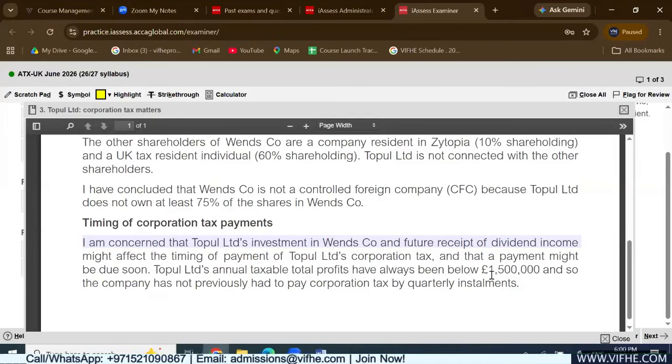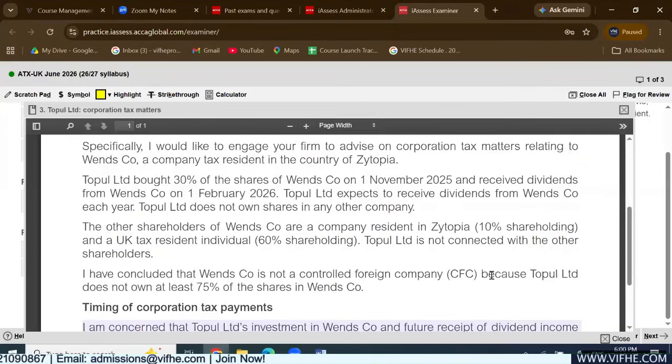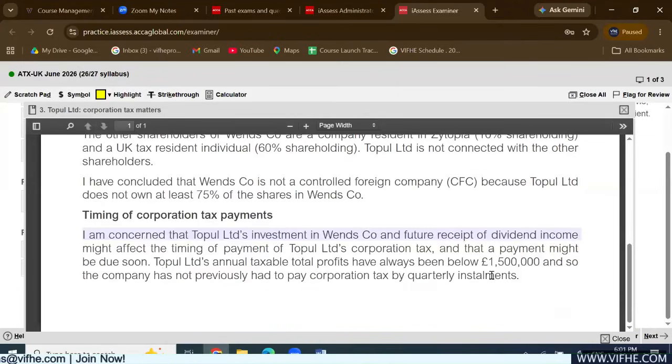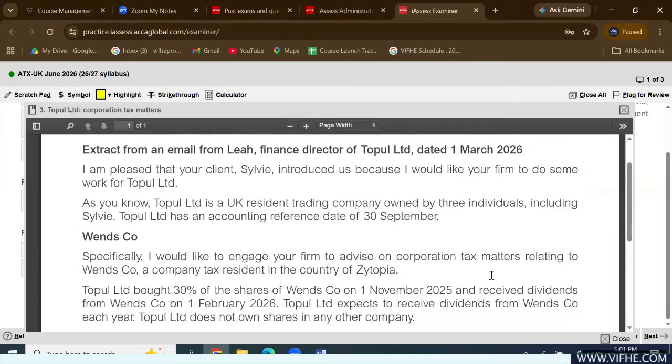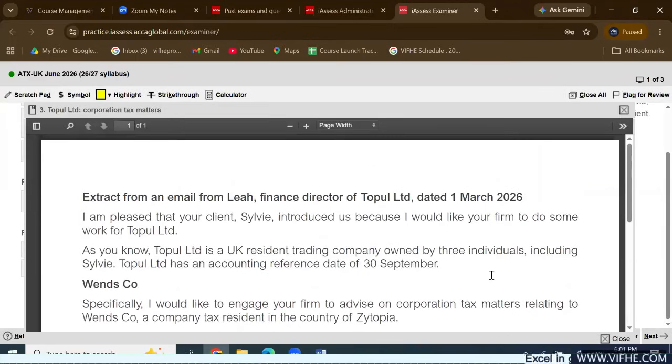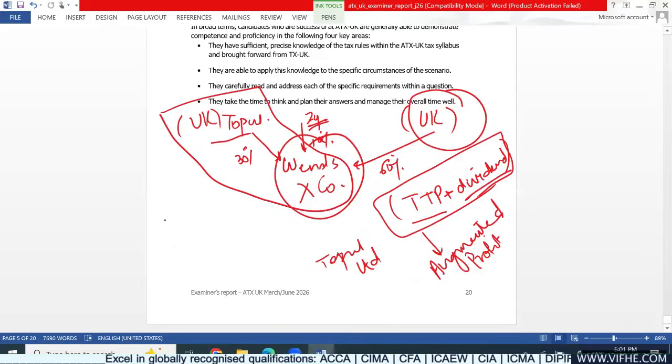So when it comes to their accounting period ending 30th of September 2026, see, it is said that they make up their accounts on a yearly basis, which ends on 30th of September, and they will be acquiring the shareholding on 1st of November 2025, which would mean that this date will be falling in the accounting period ending in the year end 30th of September 2026.